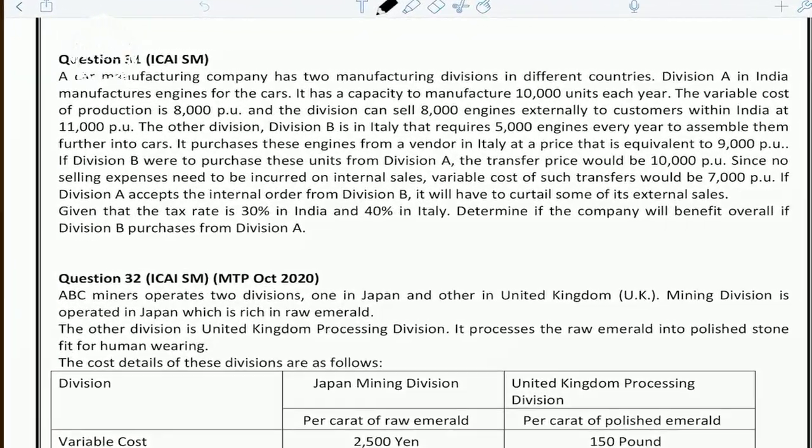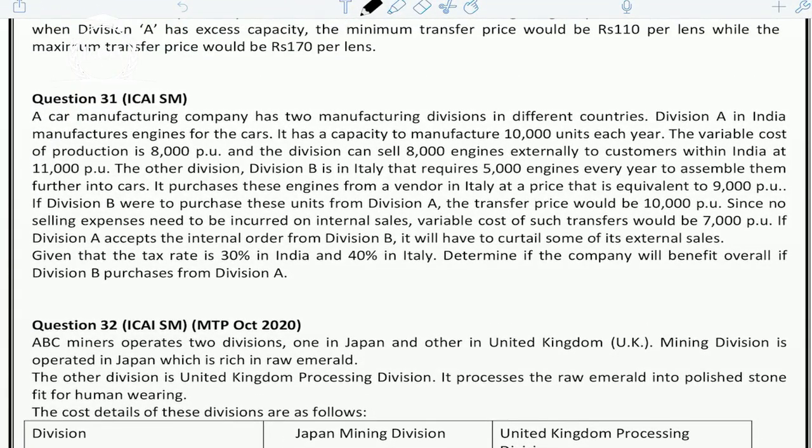Read the question, question number 31. All of you read the question properly.